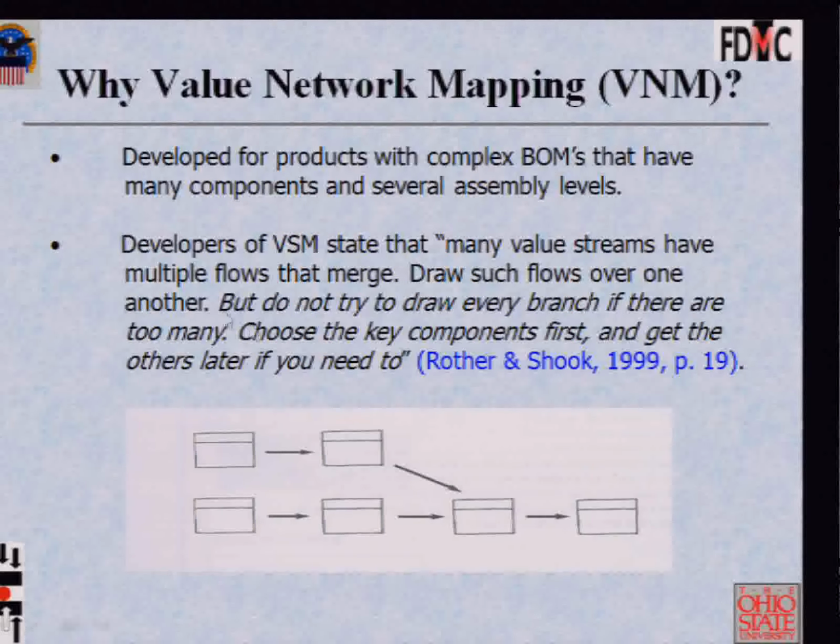Far more important is this quote from the book by Rother and Shook. Of course, I have the older edition, but I believe that this same quote has been maintained even in the new editions. The developers, Mike Rother and John Shook, write that many value streams have multiple flows that merge. I agree.